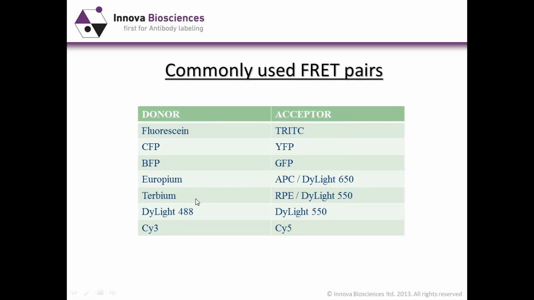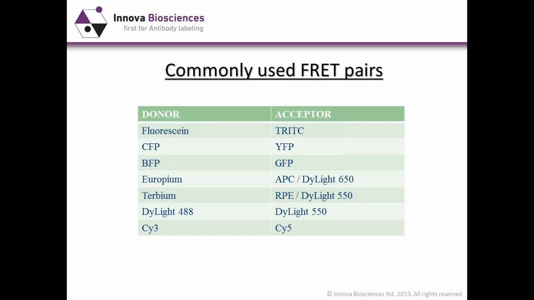Then you have a group using the lanthanide rare earth metals, europium and terbium, which again are a very popular set of pairs. Europium very commonly with allophycocyanin, or more recently with DyLight 650, and terbium with a number of acceptor molecules including phycoerythrin and DyLight 550.